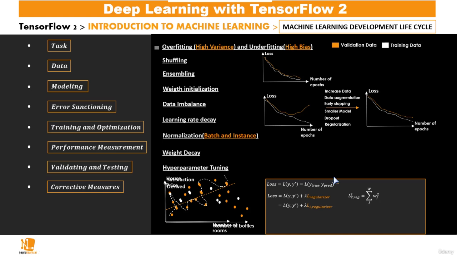And so, to limit the freedom the weights have to take in all sorts of different values, we add the weights in the loss function such that as the weights increase, the loss will also increase.